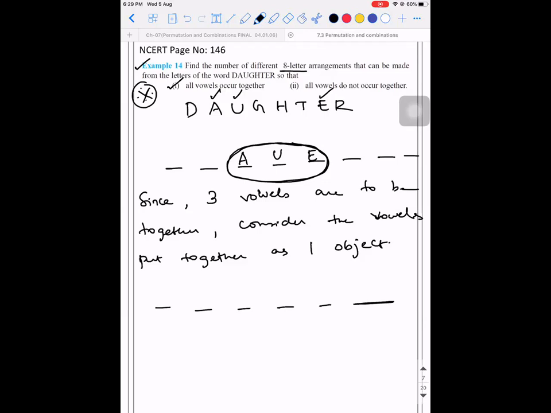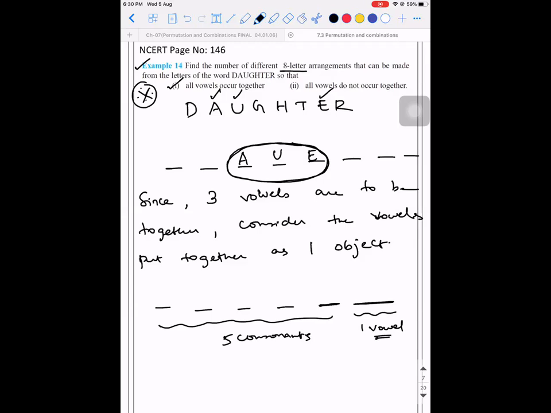Because what did I do? I'm treating them as one object. Are you guys able to understand this point? Now, sir, tell me, 5 consonants plus 1 vowel put together, how many objects do you have in your hand? 6.